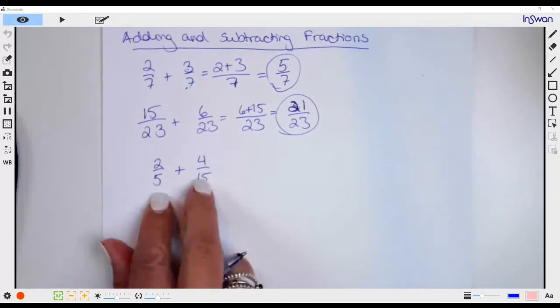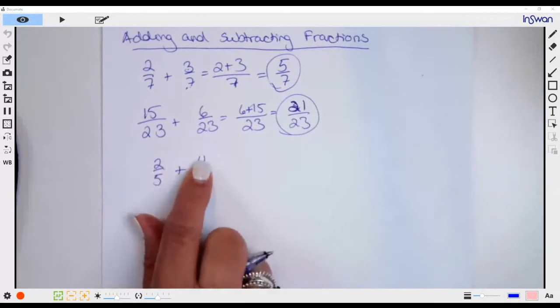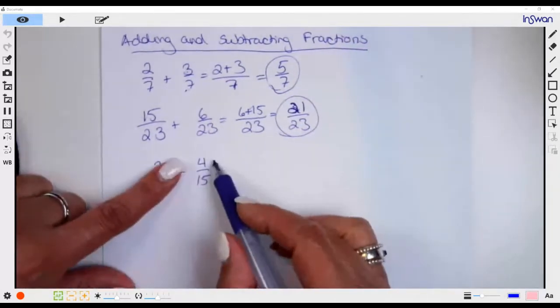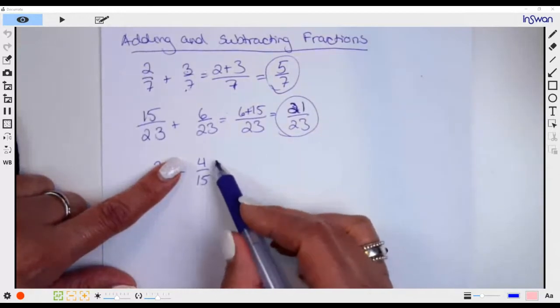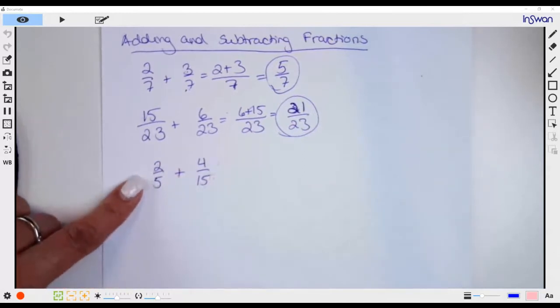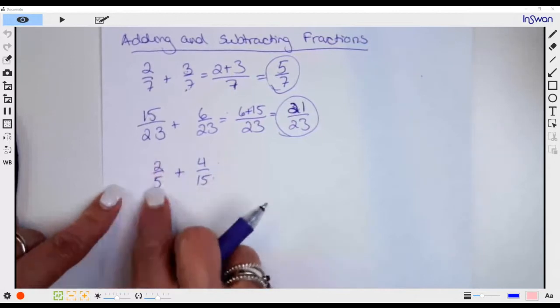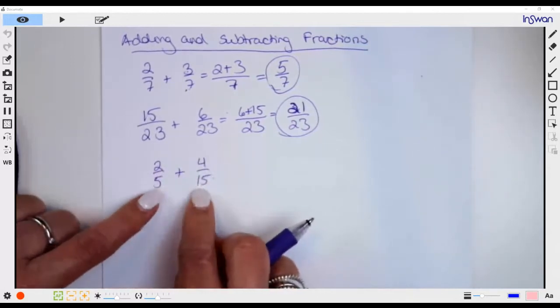One way to do it is to multiply both of these, and again, when we multiply a fraction, whatever we do on the bottom, we need to do on the top as well, so that it stays the same fraction. Now, if we're not sure, we could multiply this by 15 and this by 5, and we would get the same common denominators.